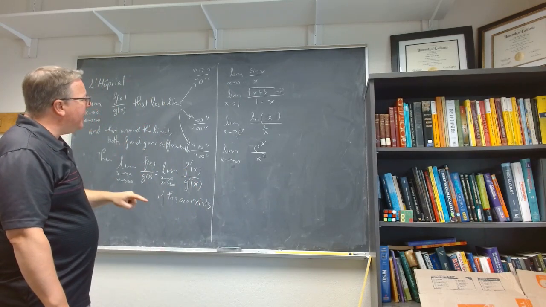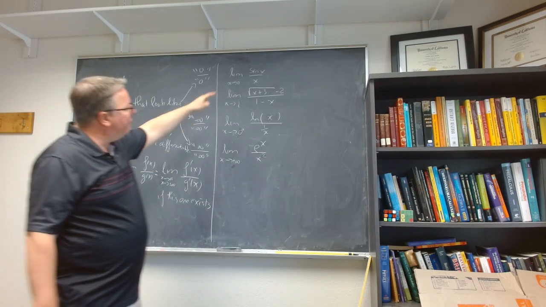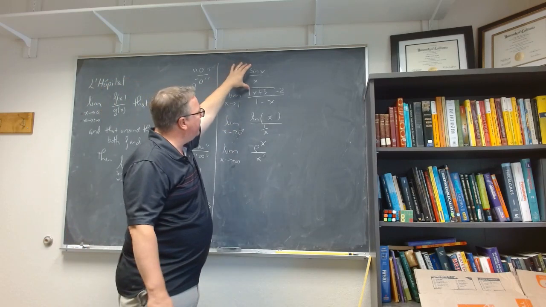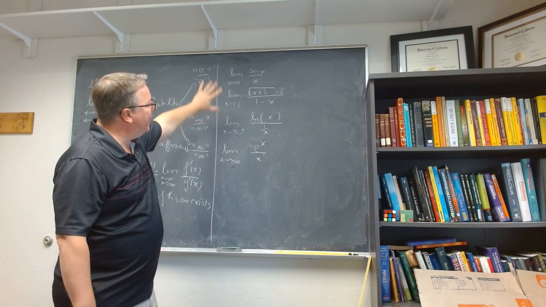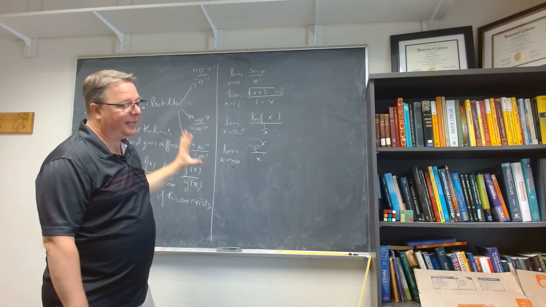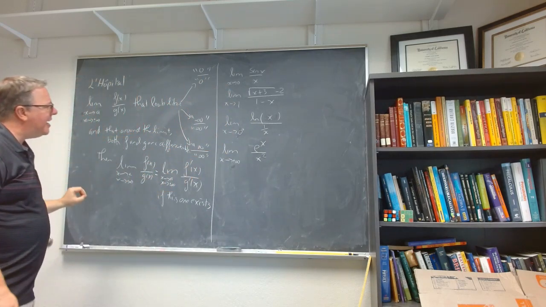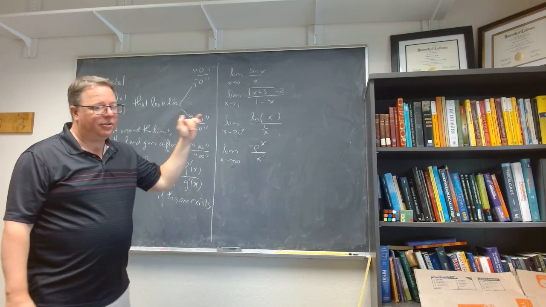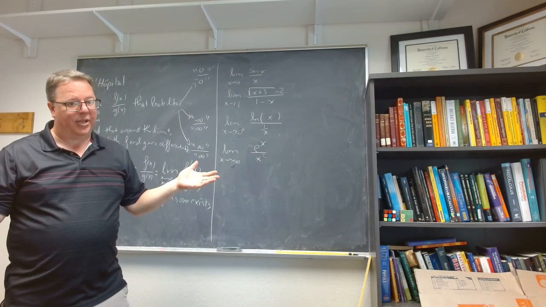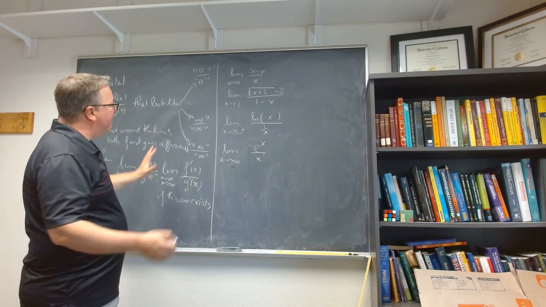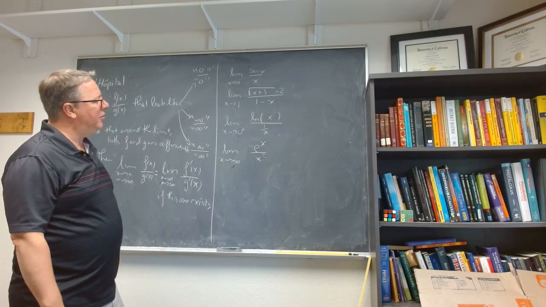Now, there's a catch. You can only use it if your fraction looks like 0 over 0 or some infinity divided by some infinity. So these situations here are the ones we can solve this way. You cannot use it if it looks like 0 divided by infinity or any other form that you still don't know, okay? So you have to make it look like this first in order to use it.